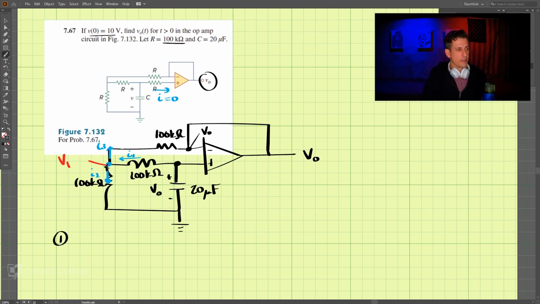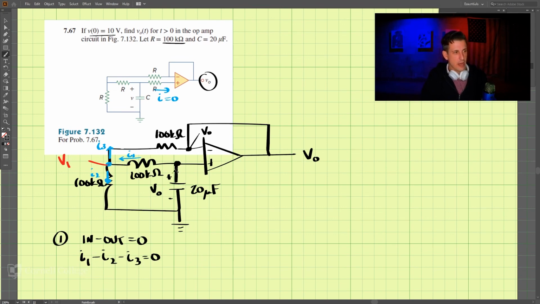So let's start out by KCL at that point, at node 1. At node 1 right here, we're going to do in minus out equals 0. Coming in, we have I1, and going out we have I2 minus I3 equals 0. Now we know I1 here is this voltage minus this voltage divided by 100.